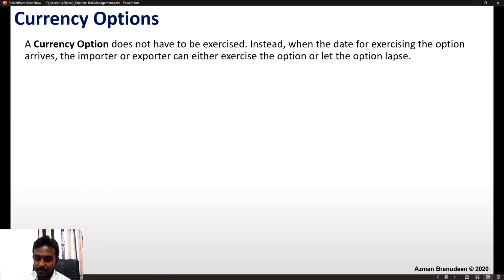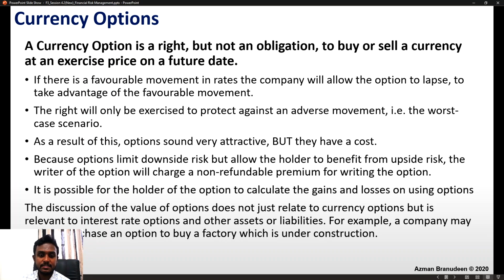In which case, the company might have the option to either buy the factory or not.